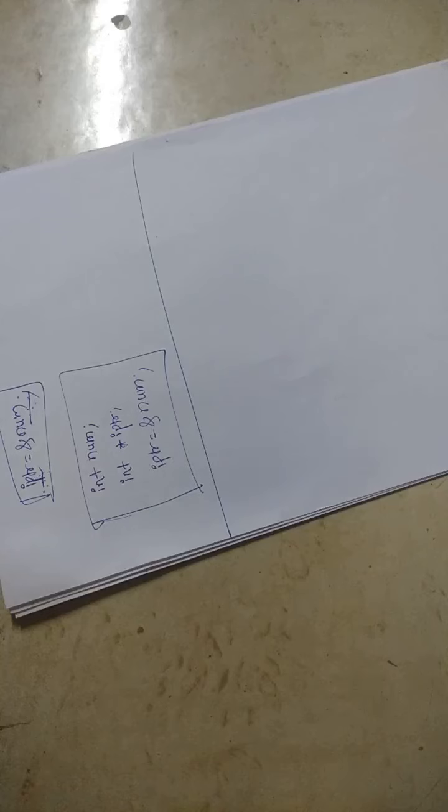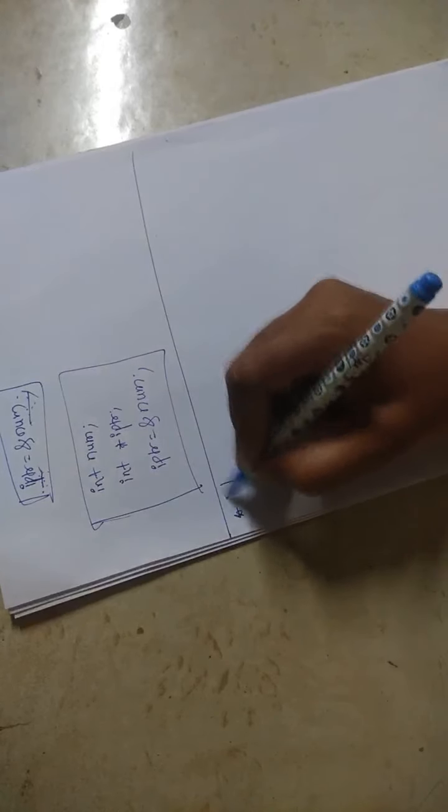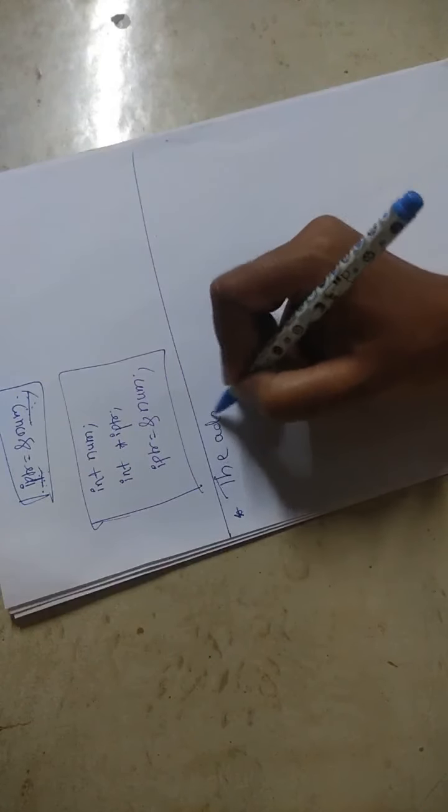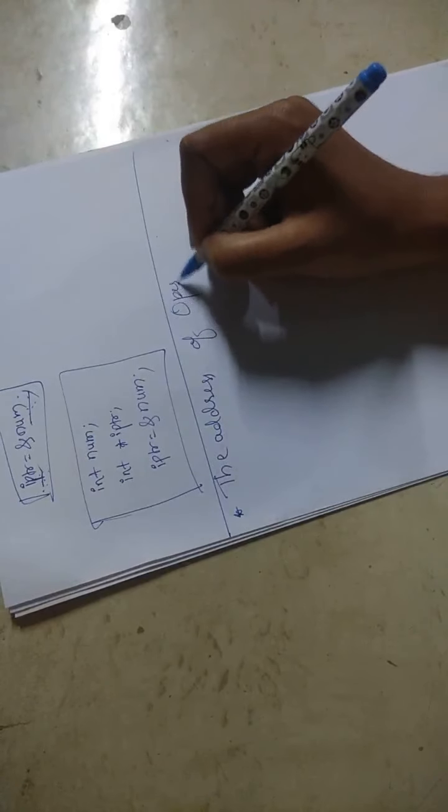The first operator we use in pointers is the address of operator. What is the symbol of the address of operator?